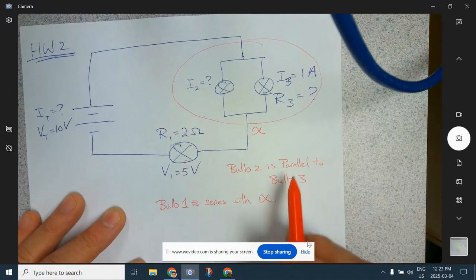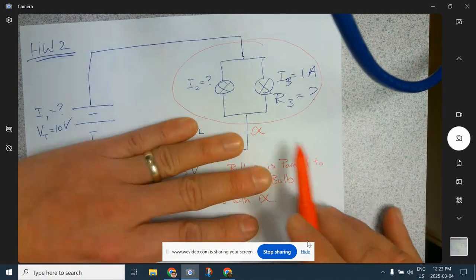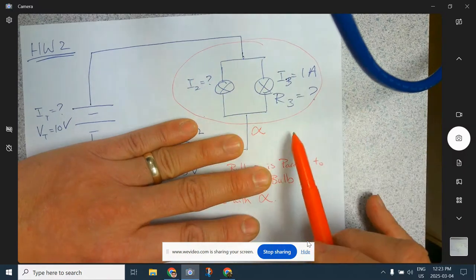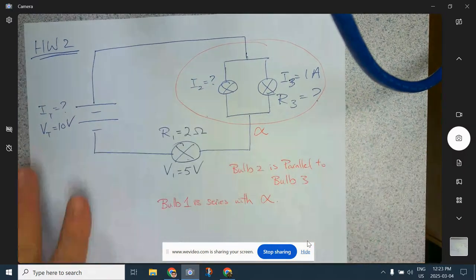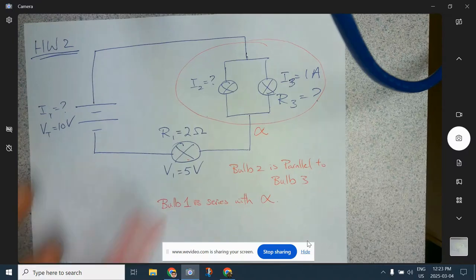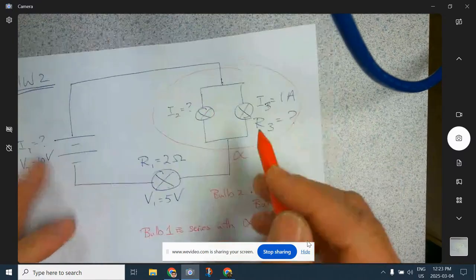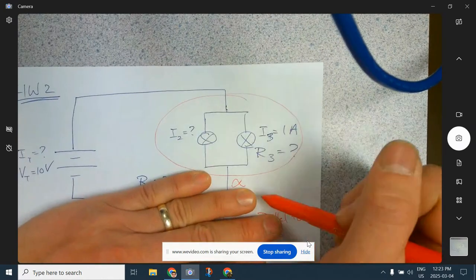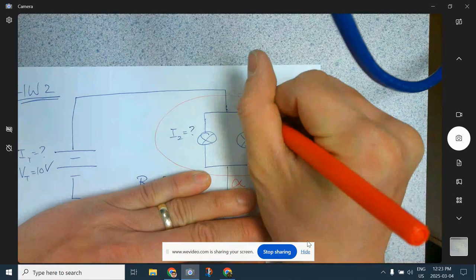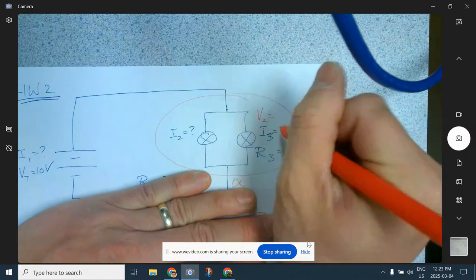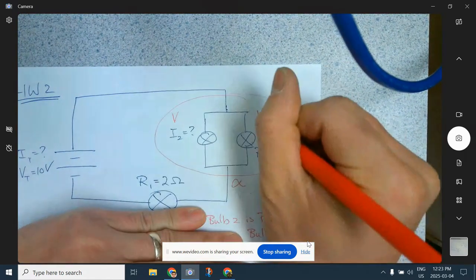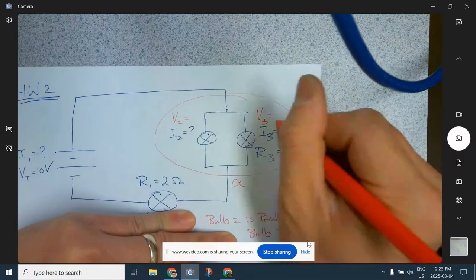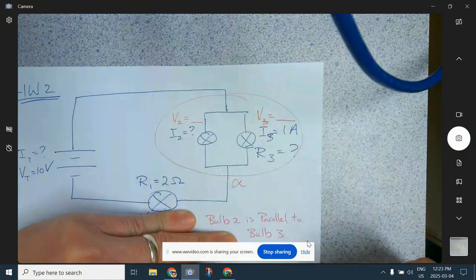Okay, so in this case, let's use the rule that we know about parallel circuits, and then we label what we know. Now, because light bulb 2 and light bulb 3 are parallel, the voltage of light bulb 3 will be equal to the same number as light bulb 2, because they are parallel.